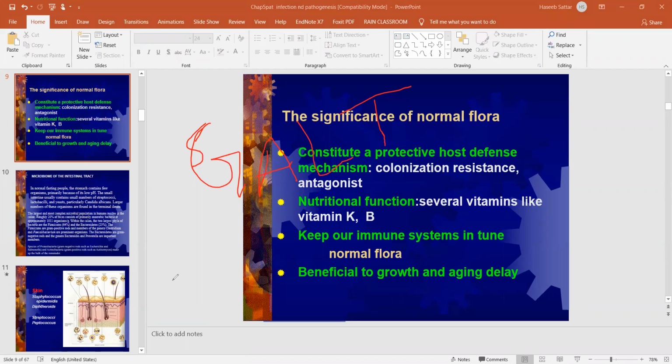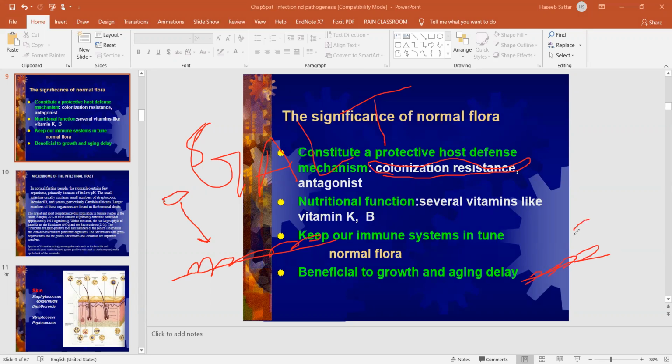I have explained before that if bacteria are residing here, they prevent the entry of any new bacteria. This type of resistance is known as colonization resistance, because these bacteria have already occupied the space.